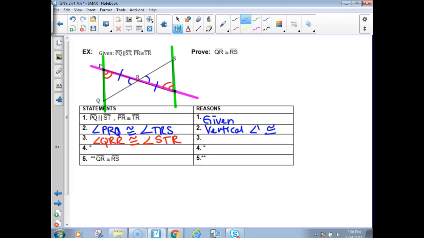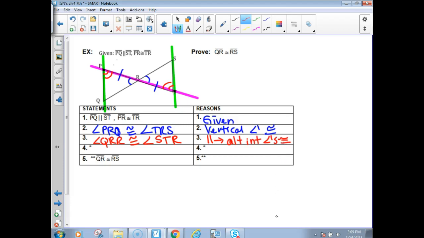That's a good choice. By parallel implies, what kind of angles are they? Alternate interior. It's between the parallel lines. Alternate, and they jump over the transversal. Alternate interior angles congruent.